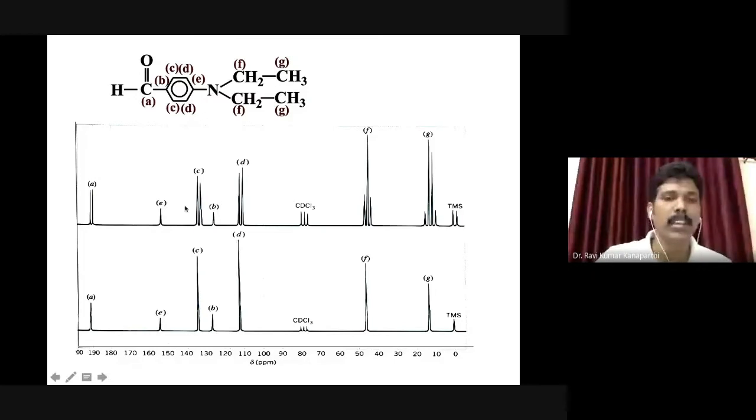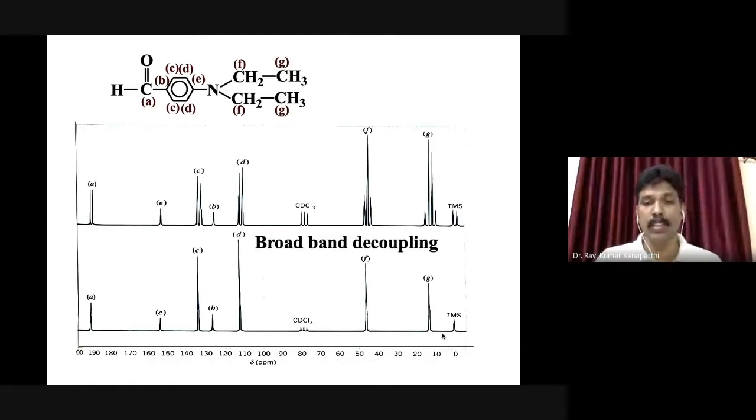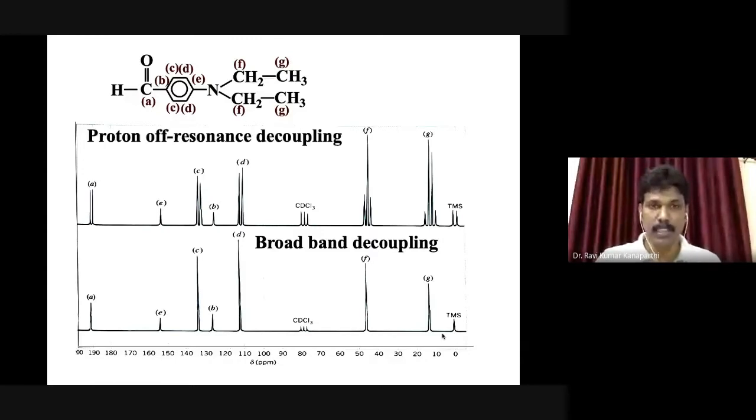Obviously, the upper one is the off resonance decoupled spectrum because you can see a splitting, right? This one is the broadband decoupling, because there is no coupling and all signals appear like a singlet. Therefore, we can easily conclude that the bottom one is the broadband decoupled spectrum, and the upper one is the off resonance decoupled spectrum.